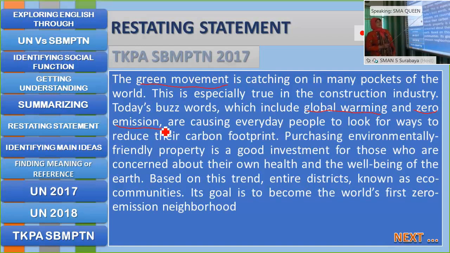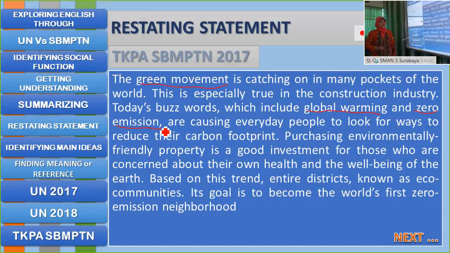When it says, which include global warming and zero emissions, are causing everyday people to look for ways to reduce their carbon footprint, it's a kind of idiomatic expression.